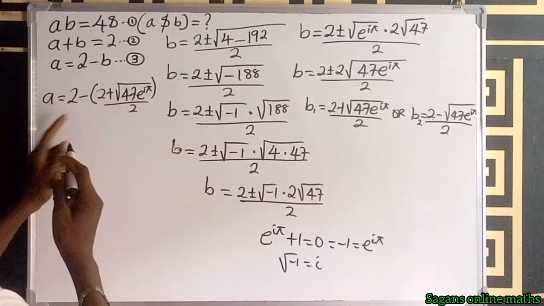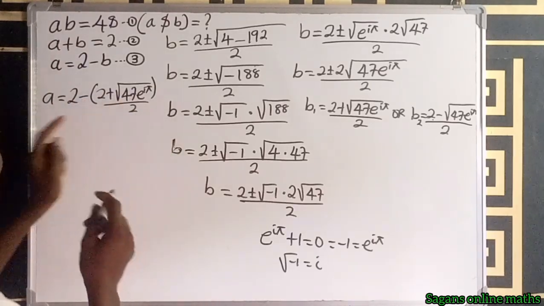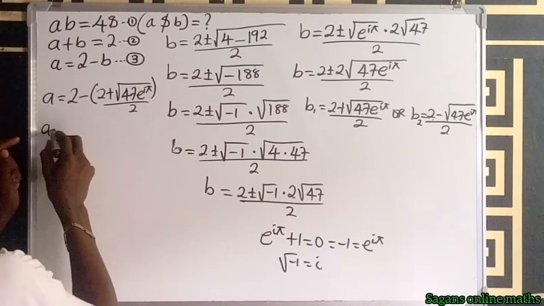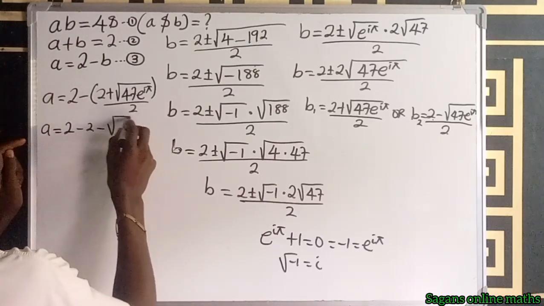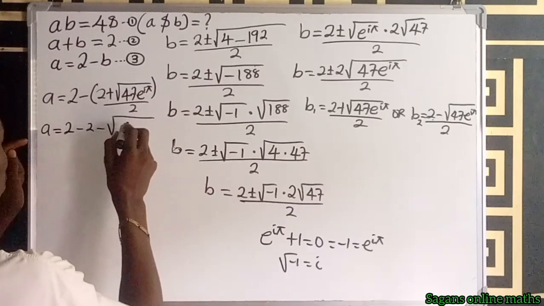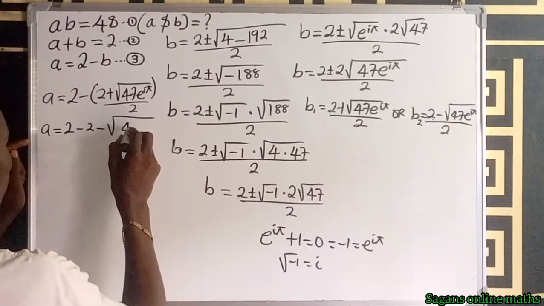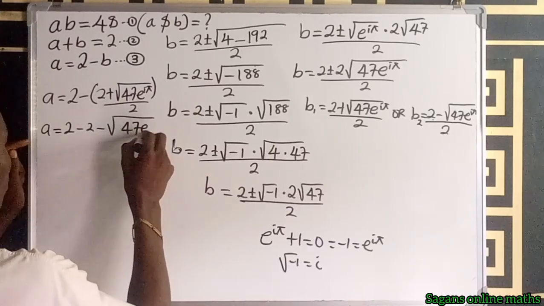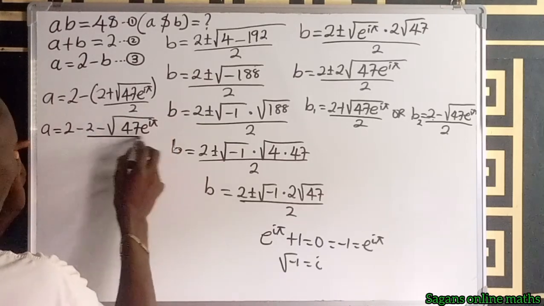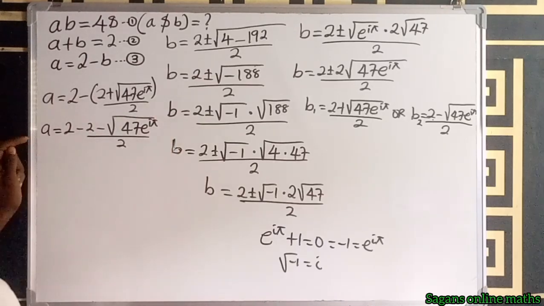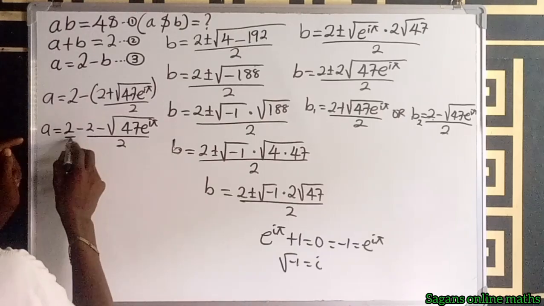Now from here, this minus will affect everything here. So A is equal to 2 minus 2 minus square root of 47 multiplied by e to the power I pi, all divided by 2.